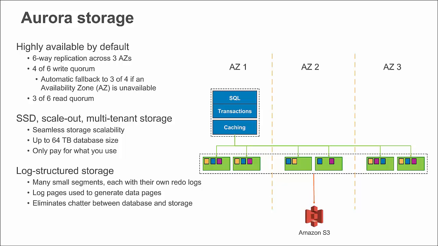If not, get it out and get a copy of a good block from somewhere else and replace the bad block. We have hotspot management where other processes are going around looking for hotspots in the storage and replace them or distribute them out. So there's a lot of stuff that happens under the hood on the storage side.